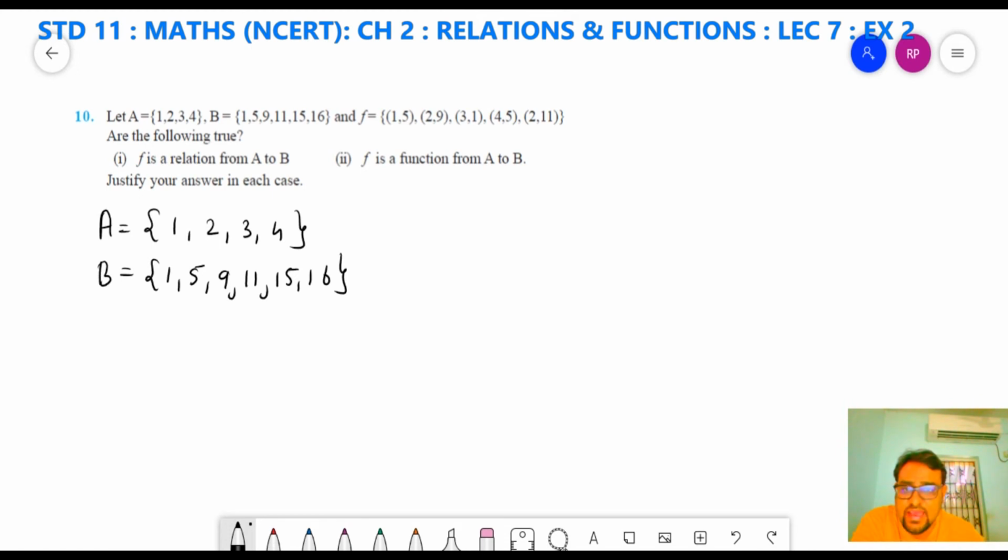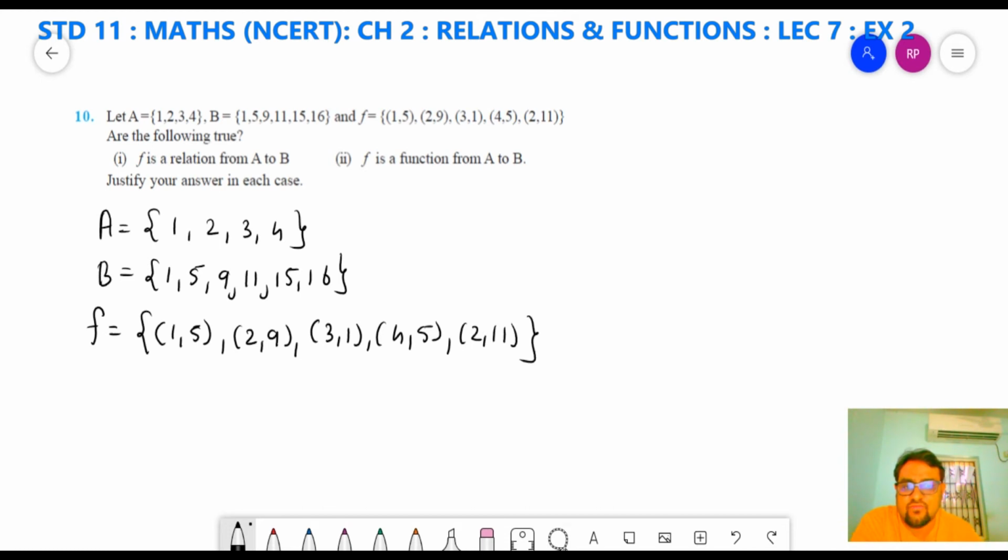And F is equal to {(1, 5), (2, 9), (3, 1), (4, 5), (2, 11)}.